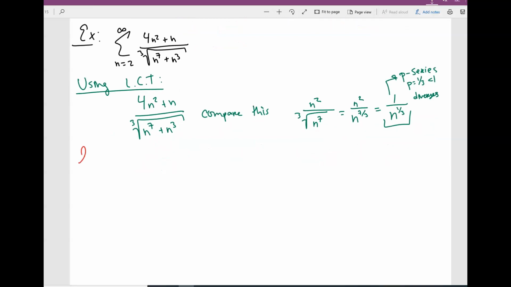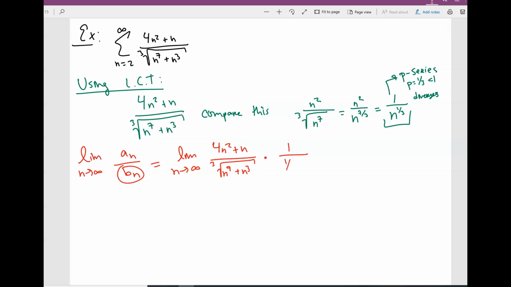So let's figure out what the limit is. We're going to have the limit as n goes to infinity of a sub n divided by b sub n. A sub n is just equal to all of this guy, so it's going to be 4n squared plus n divided by the cubed root of n to the 7th plus n cubed, times 1 over b sub n, which is on the bottom.